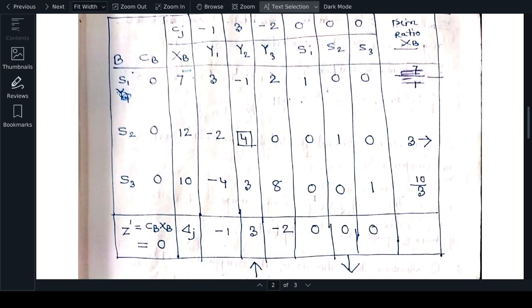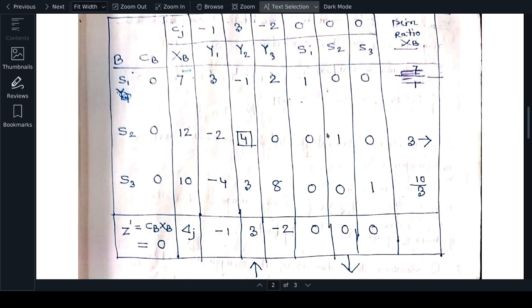Acha. So here our incoming vector is what? 3, which means Y2. So Y2 is our incoming vector. So the minimum ratio will be XB by Y2, right? So next, how to find the minimum ratio? XB divided by Y2.